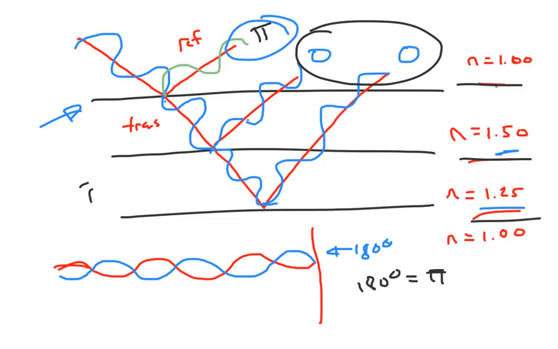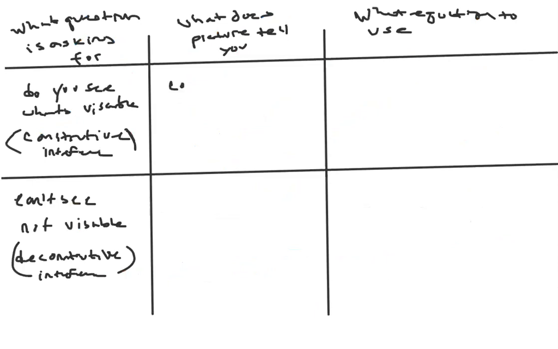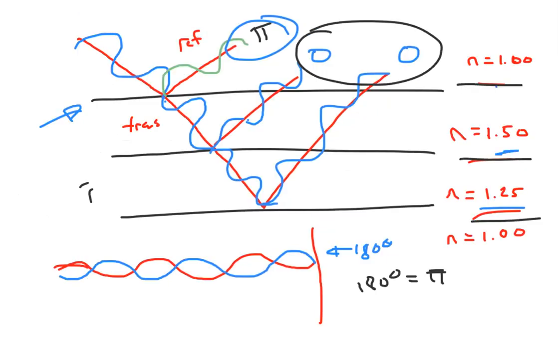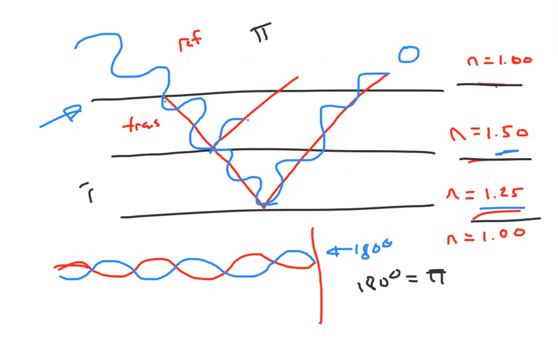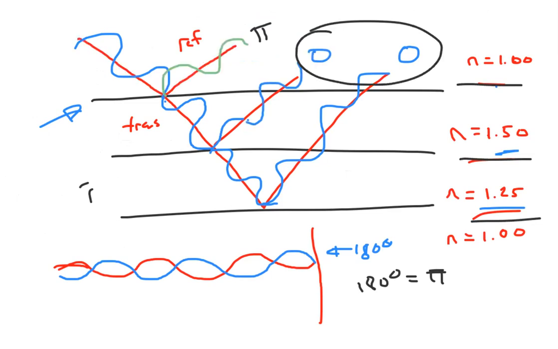Because it could be either one, and we went through both those situations. Destructive is when they're opposite, so destructive is like pi and 0. That's really the only option. And then constructive is going to be when they're pi and pi, or 0 and 0. Does that make sense?